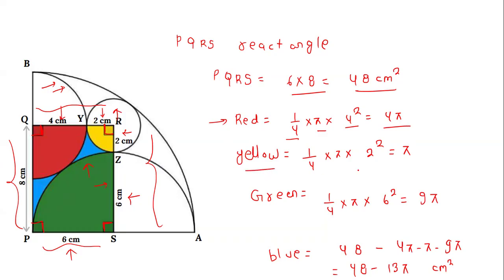Yellow area is 1 by 4 times pi times 2 square, because 2 is the radius of this circle, so it will become like pi. Green area is 1 by 4 times pi times 6 square, because 6 is the radius of this semicircle, it will become 9 pi. And we know PQRS area is 48, so we can subtract these red, yellow and green areas out of PQRS, and we can easily get this blue area, which comes as 48 minus 13 pi centimeter square. So in this way we can find this blue area.